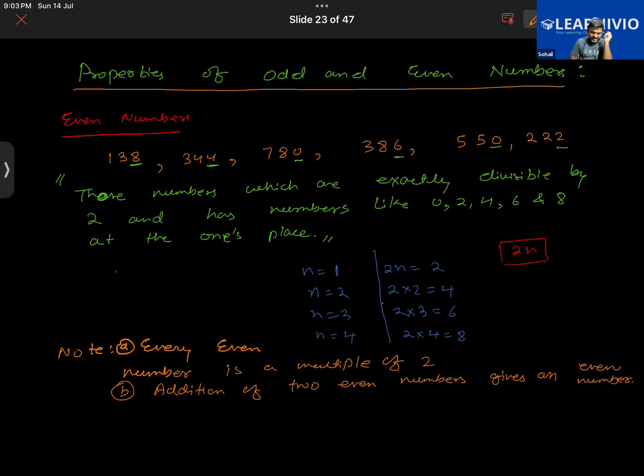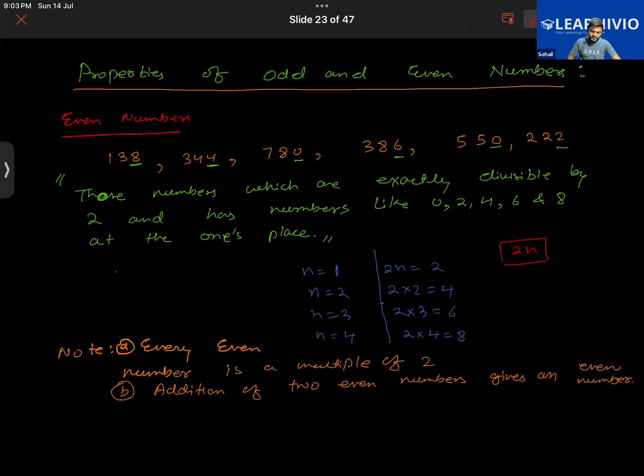Yeah. Addition of two even numbers gives an even number. Done? Good.